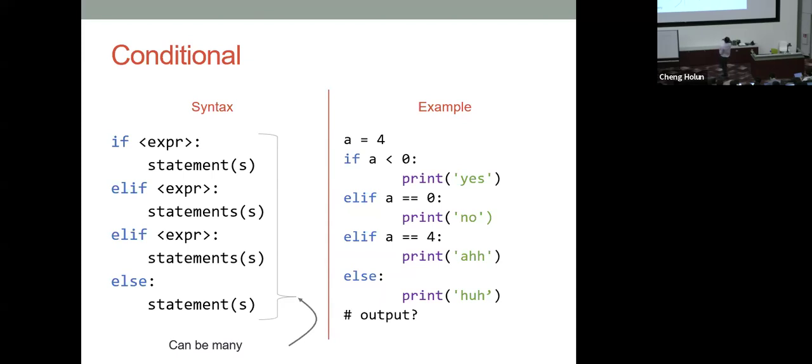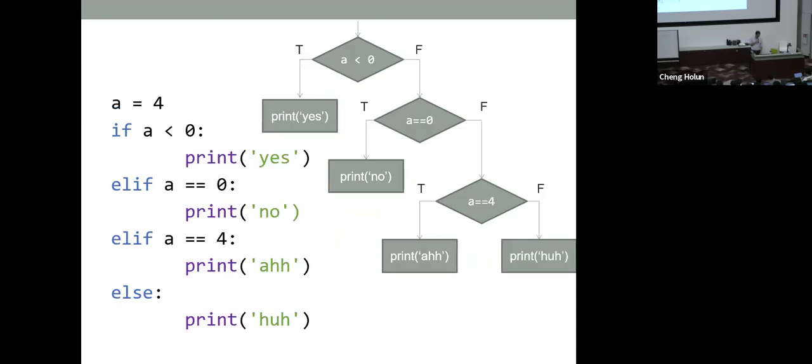First, you try: is A less than 0? No, it's false. So I go to the next elif. Is A equal to 0? Too bad. A is equal to 4, right? No. So go to the next one. Is A equal to 4? Good. So that is the correct choice. That's why this code will print R. If every elif fails, then we go to the else and just print okay. So this one will be R.